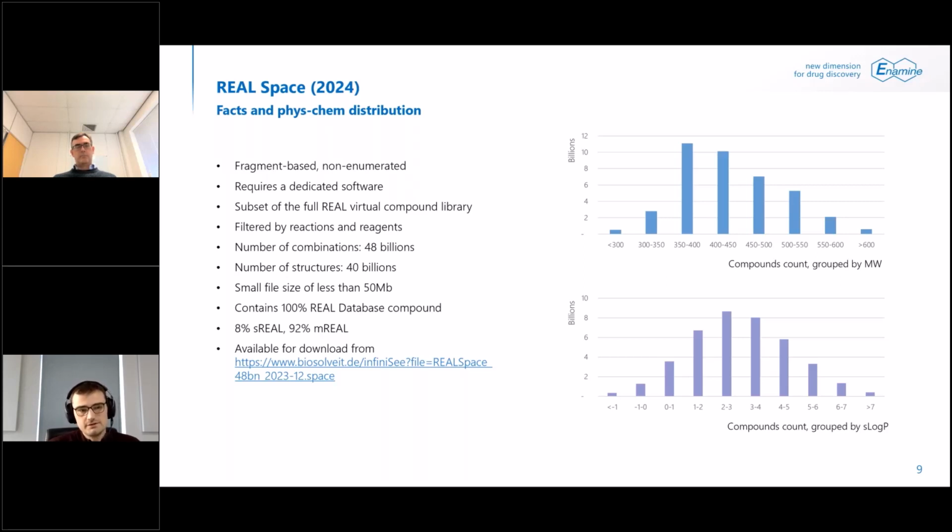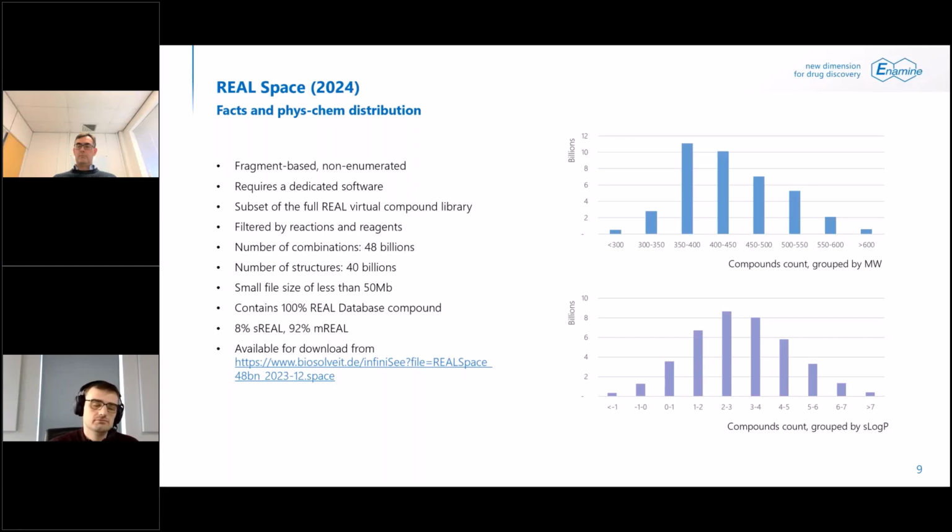I said that it's a subset of the whole Enamine available chemical real space, and to select it, we used some smart filtering by reactions and by reagents. The idea behind this filtering was to keep the small reactions.